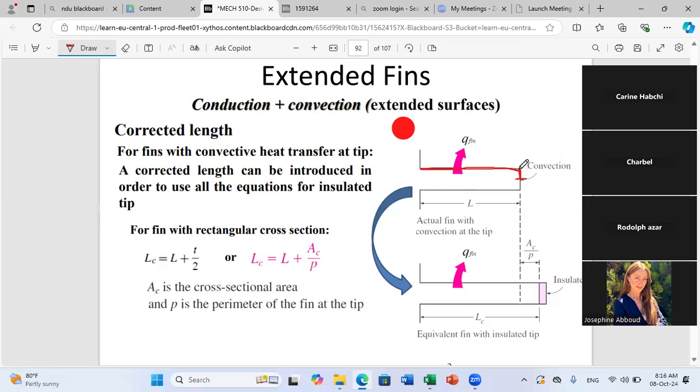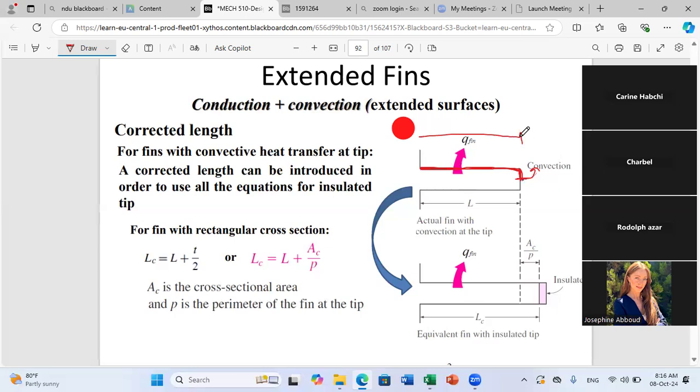But you want to do a model in order to use the equation of insulated tip. So what you can say is, instead of having the convection from this side and this side like this, I open it and consider it has an extended length.